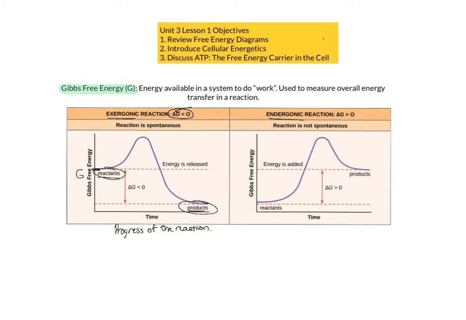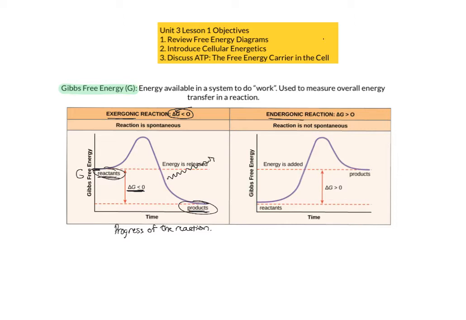The reactants have higher energy than the products. Now, over the course of the reaction, since the products have less free energy, that difference, that change, represents the free energy that's released into the surrounding system.